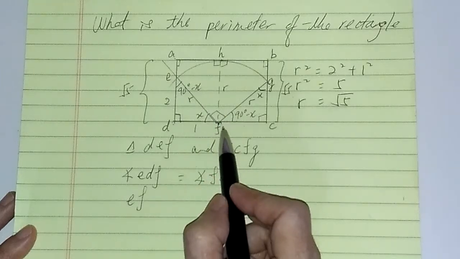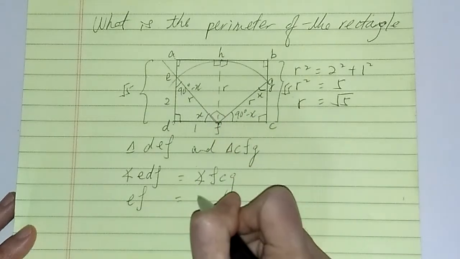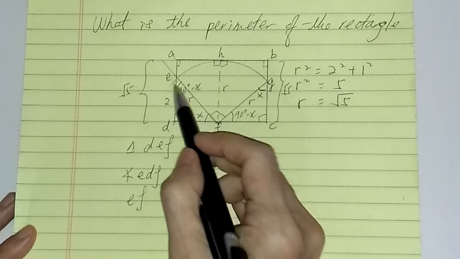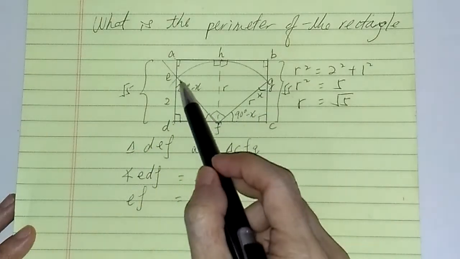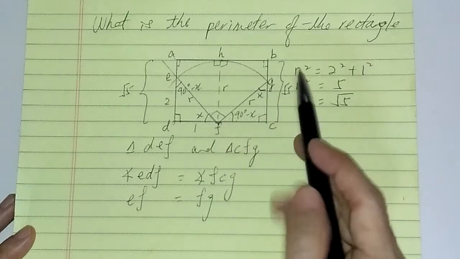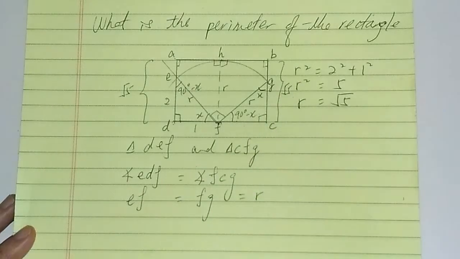Is it equal to the length FG? Yes, because they are both radii. This length is R, this length is R.